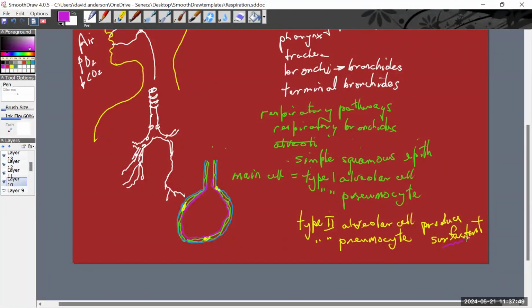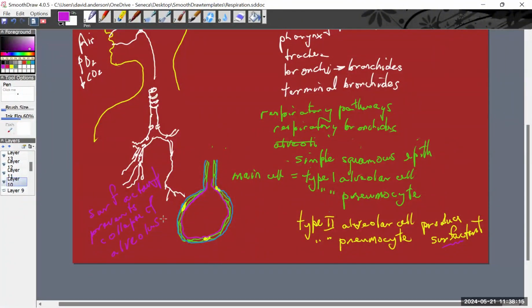So surfactant prevents the collapse of the alveolus, no matter where we are in the respiratory cycle.